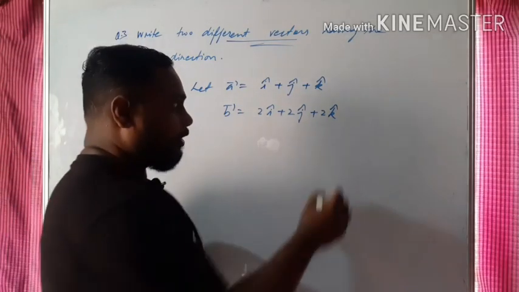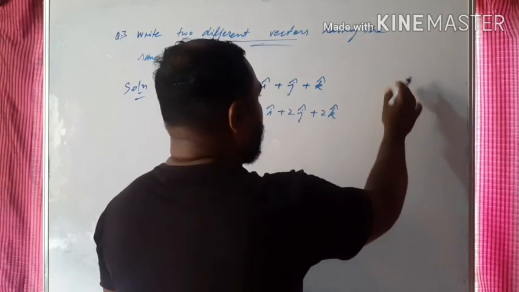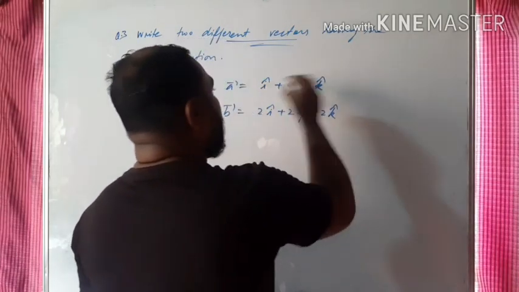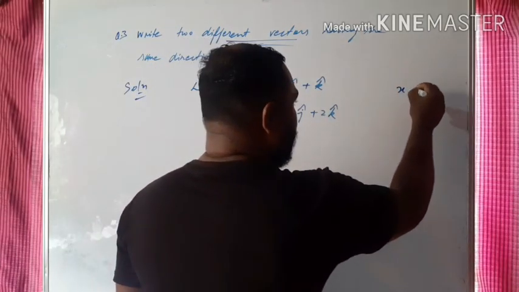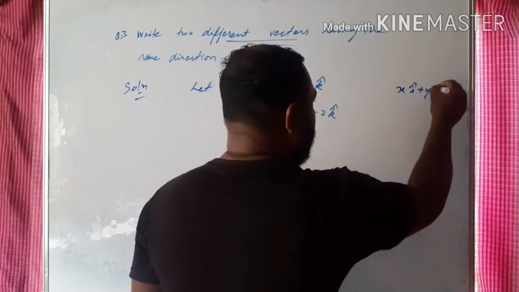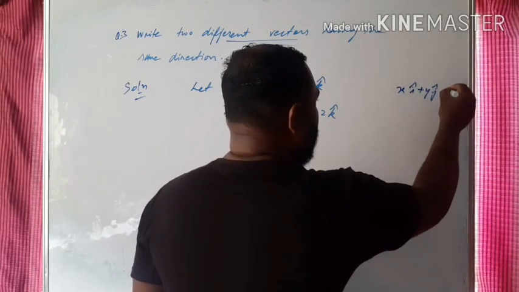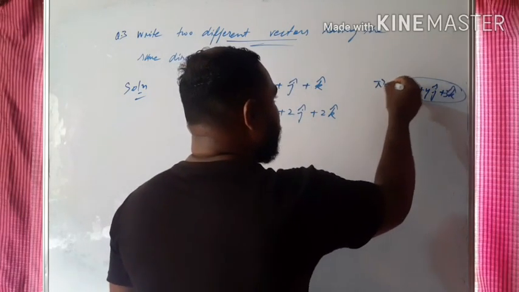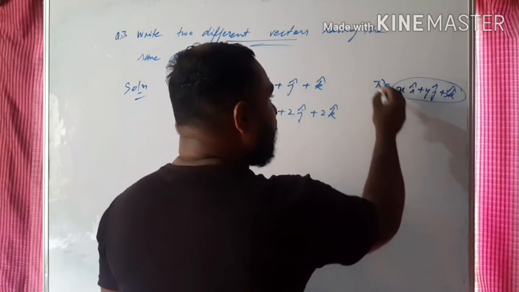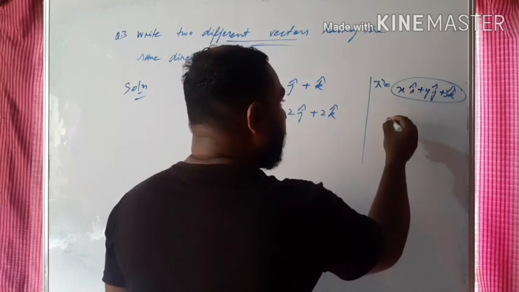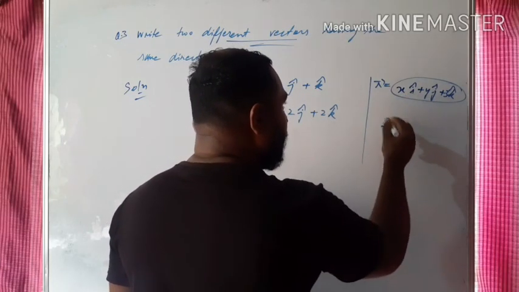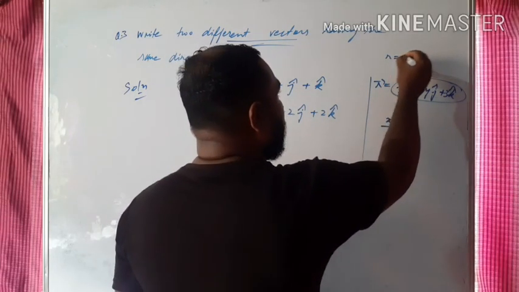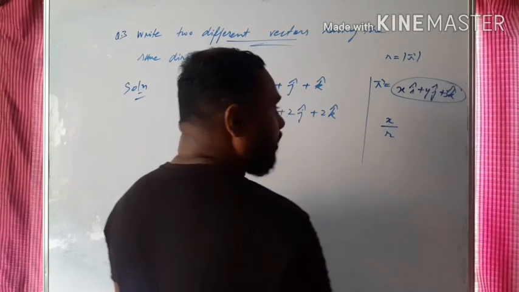So we have already seen how the direction cosine of a vector is found. Say xi plus yj plus zk is the vector. How to find the direction cosines? You will have to write the i component divided by the magnitude of the vector. Here r is the magnitude of the vector.